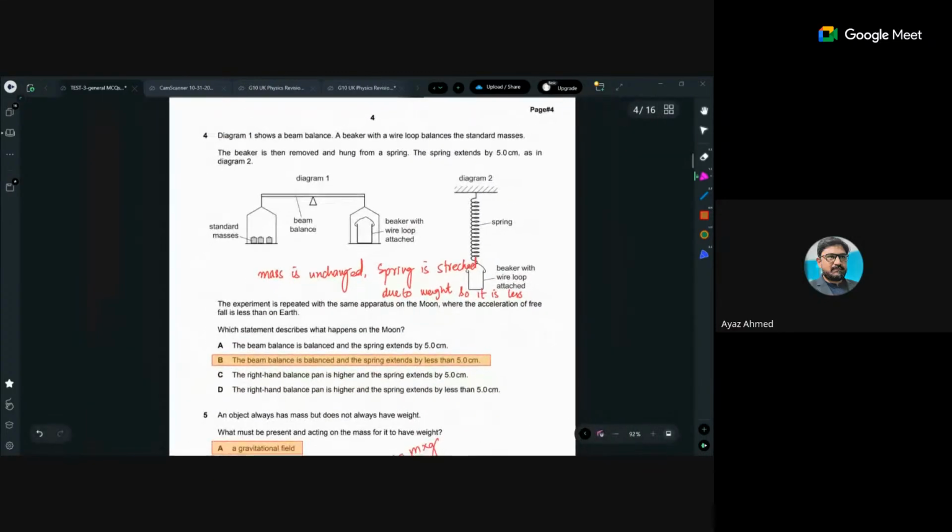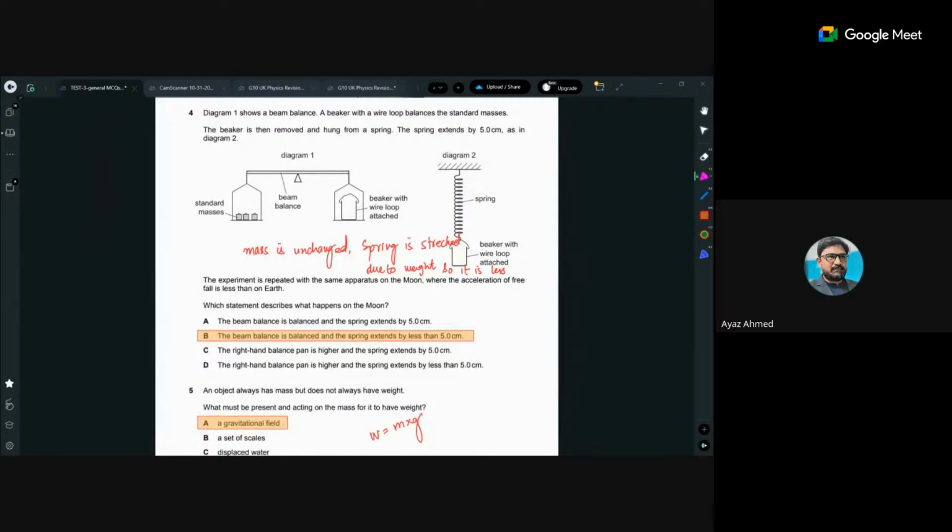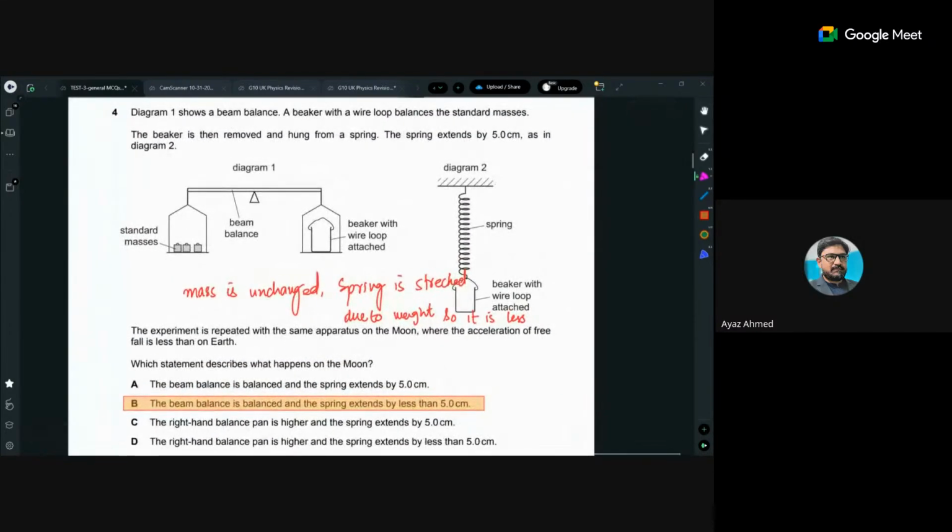Okay, then this was the question. This was a horrible question, not that much, but somehow it was said that a beaker with a wire loop was measured for its weight on the moon and the earth with two different instruments, right?